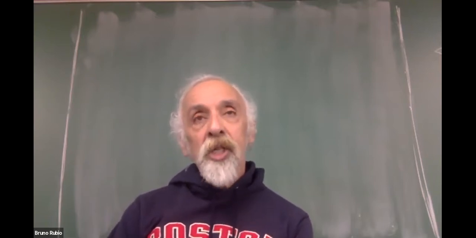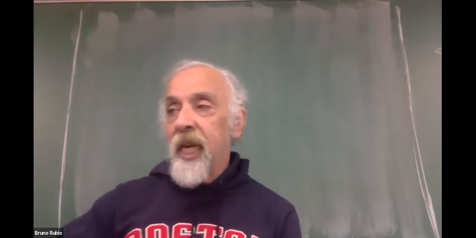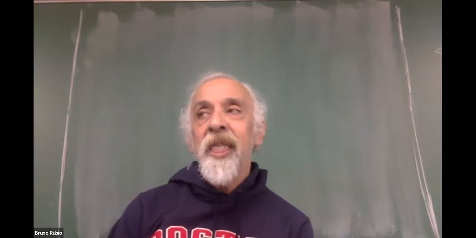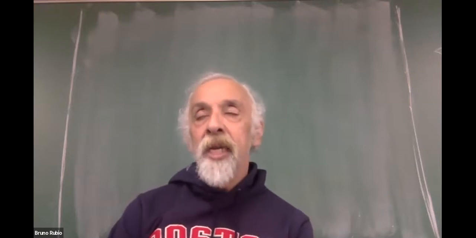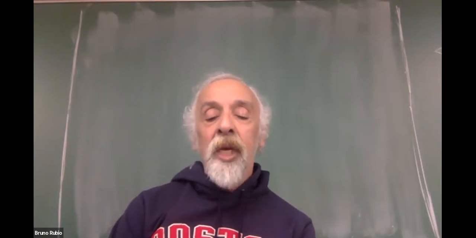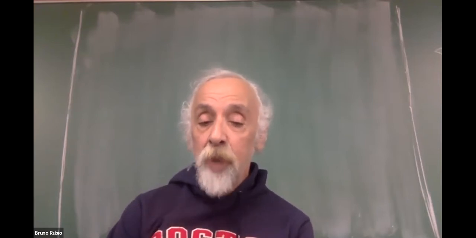So I want to start today's lecture by recapping a lot of what we said last time about the structure of the amino acids, but I want to make sure that you understand how to use the table of amino acids that will accompany the exam. And remember, the exam is closed book.